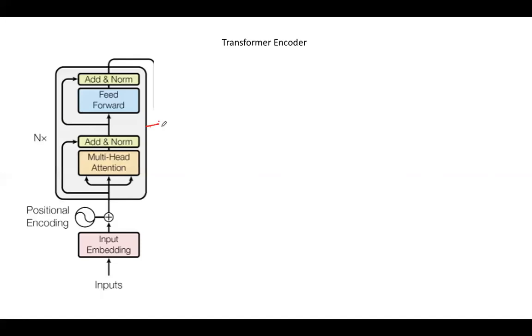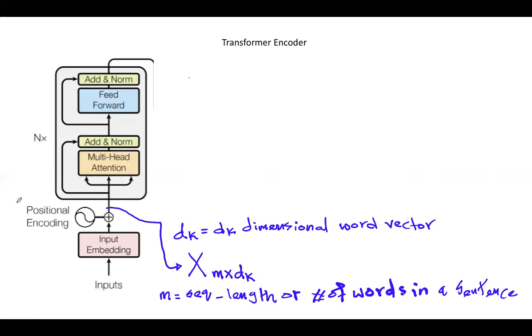This box here is the transformer layer, and we would like to dive deep into the mathematical operations. For now, we'll ignore the positional encoding part and input embedding part. Let's say we just have an input X over here. We're feeding the input embedding to this black box, and that X has dimension M rows and DK columns.